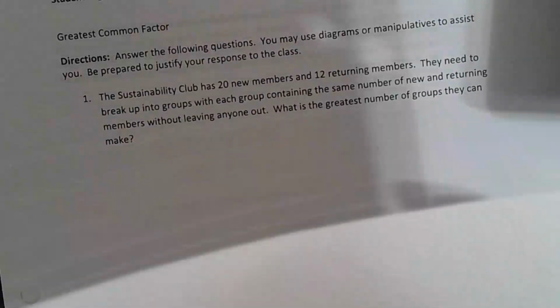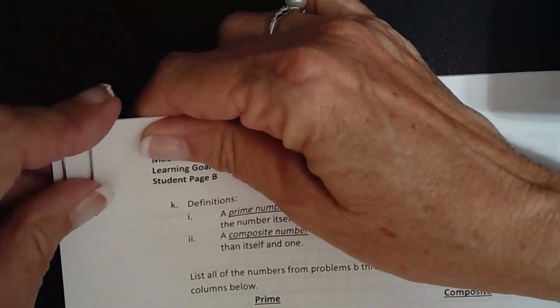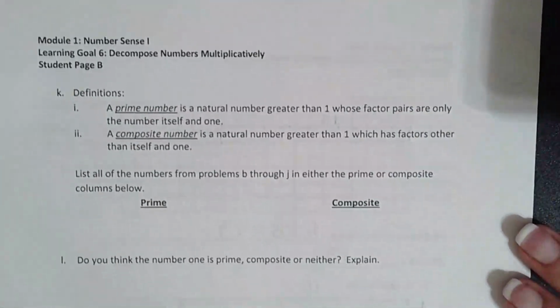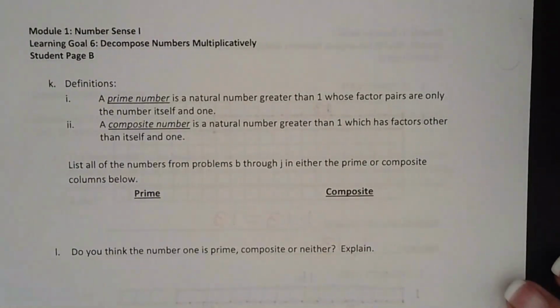Okay. So here's our formal definition. A prime number is a number greater than 1. So notice the verbiage.